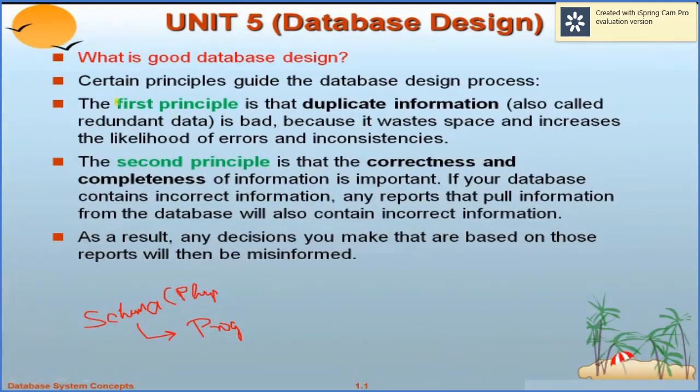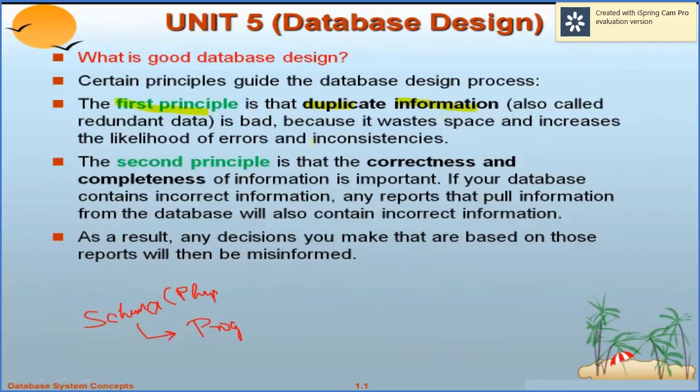My first principle is there should not be any duplicate information. So whatever data is stored in a particular database, it should not have duplication or repetition of data. So what happens if the data is repeated? The same data is being copy pasted here and there, and whenever you want to retrieve the data from a particular table or a set of tables, there might be chances of inconsistencies.